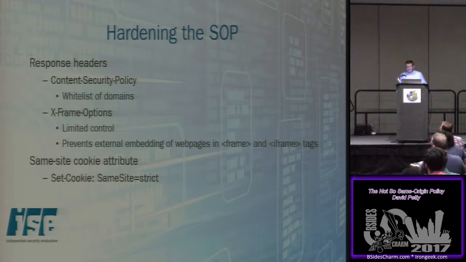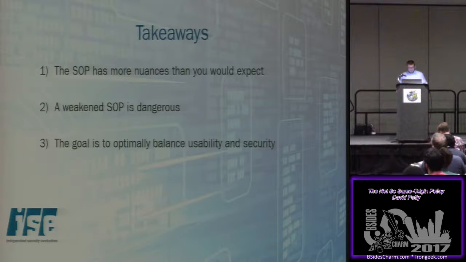It basically just prevents cross-origin requests from the frame and iframe tags. And then the SameSite cookie attribute: this is another thing a server can do, set this attribute in the Set-Cookie header. If it's set, then web pages will not be able to send requests with cookies. It will disregard the cookies. So that's another thing that would foil the attack, because it needs to be an authenticated request.